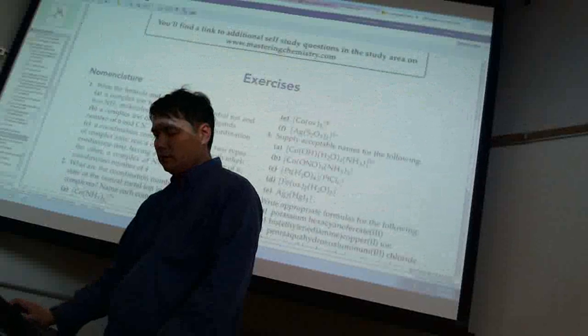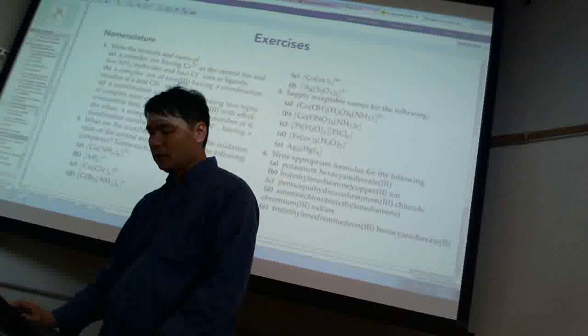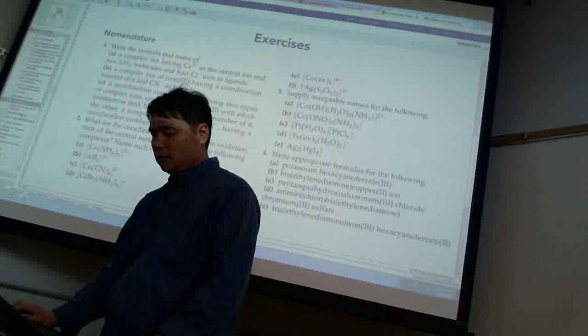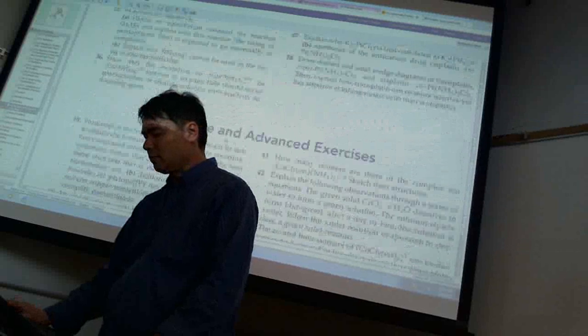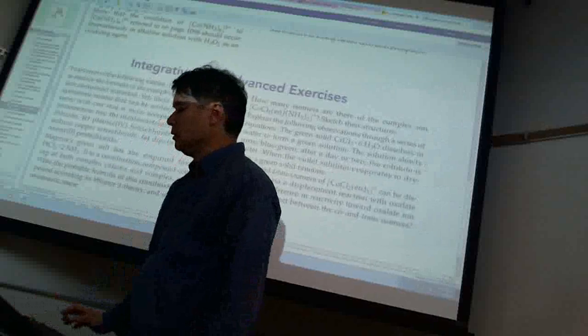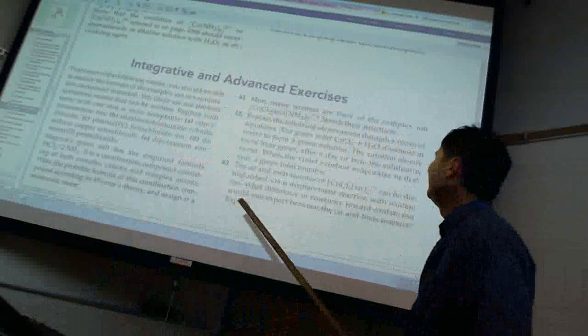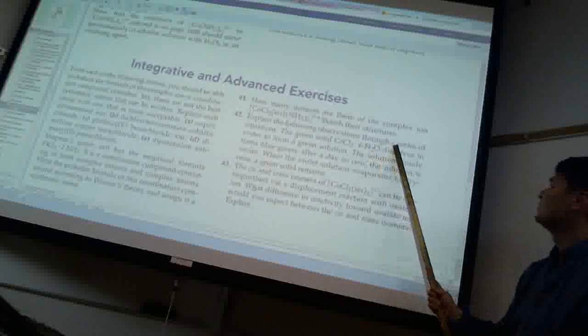So what we're going to do is look at this problem. Basically, explain the following observations through a series of equations.